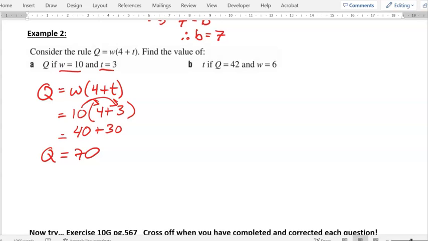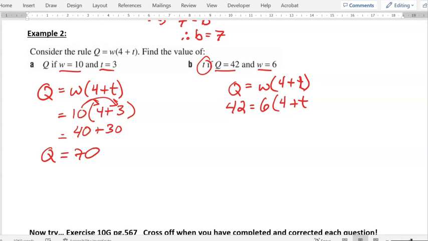Now we're looking for t. So we're going to keep our rule the same. Q equals w times (4 plus t). But now we want to find t if q is 42 and w is 6. So I'm going to substitute 42 because that's the known value of q, and I'm going to substitute 6, the known value for w. And now we have 4 plus t in the brackets.